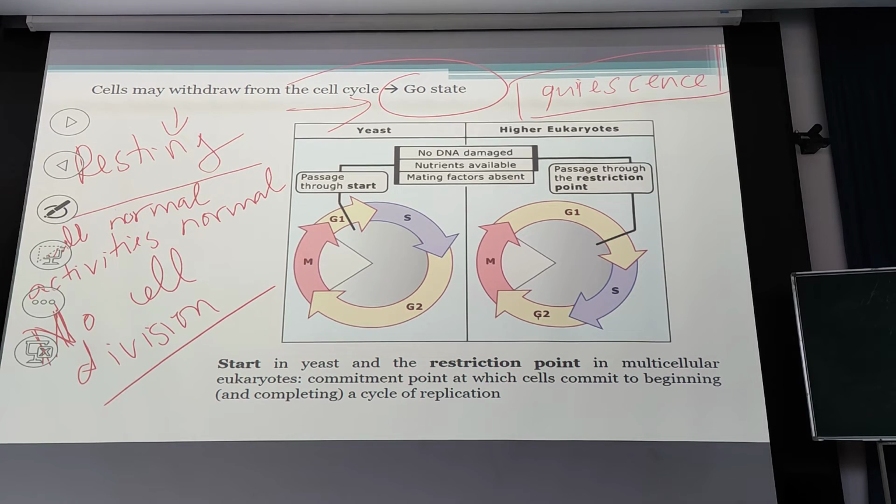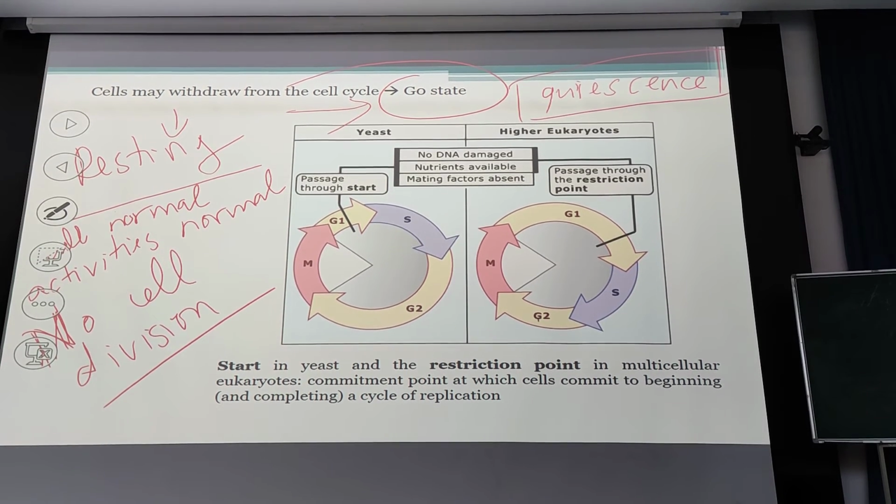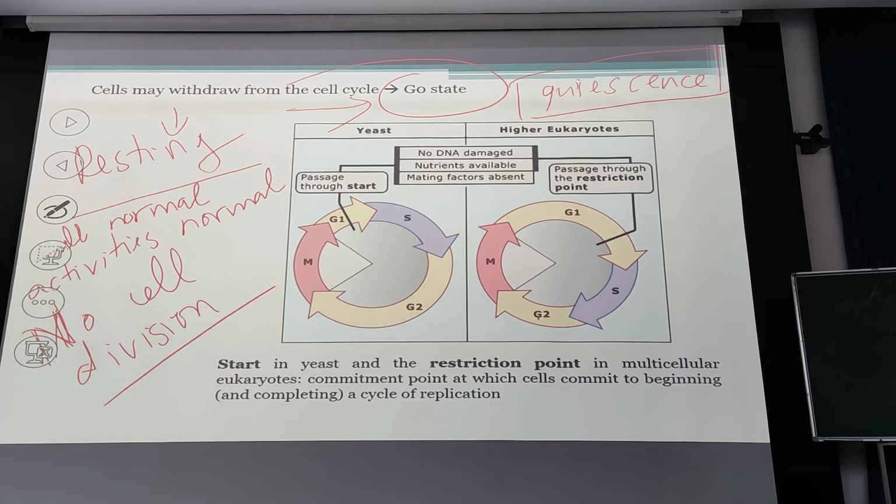If they cannot pass the start point, they will go to the G0 stage. And in higher eukaryotic cells we have the restriction point. If the cells cannot pass through this restriction point, they will go to the G0 stage.